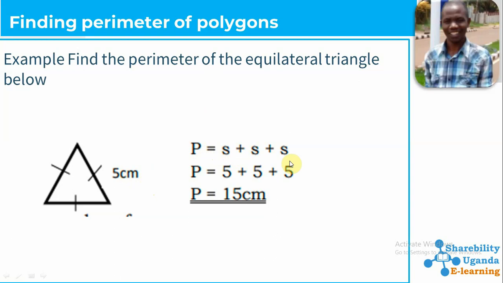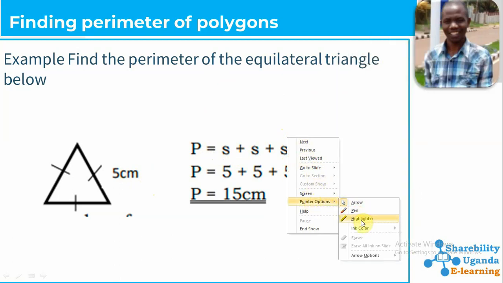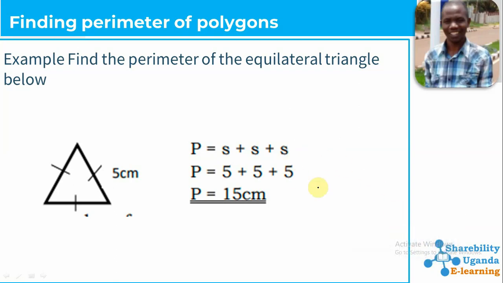The type of the shape. So our shape is an equilateral triangle or a triangle. So that simply means that these shapes have different sizes. There are some with a good number of sides, and also those with few sides.